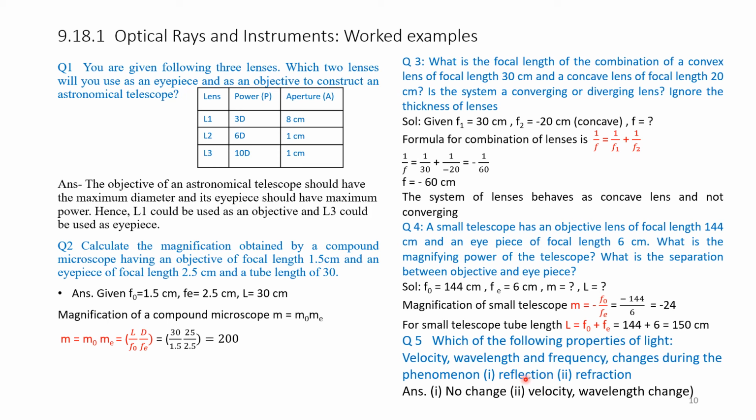When reflection takes place, there is no change of velocity, no change of wavelength and no change of frequency. Whereas, in the case of refraction, velocity changes and wavelength changes, but there is no change of frequency.